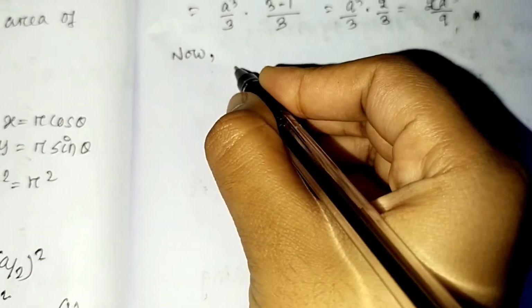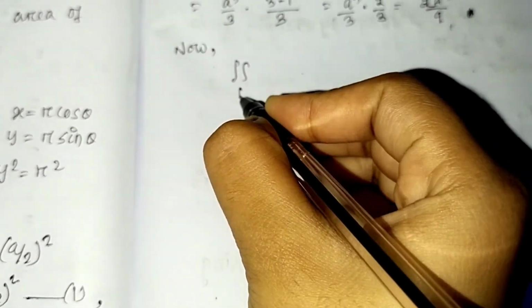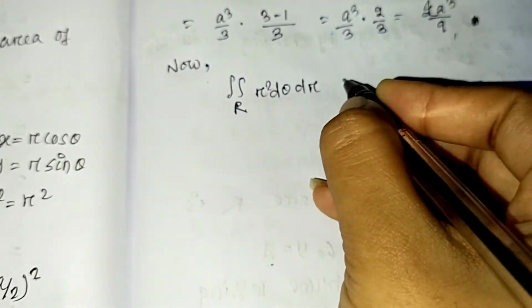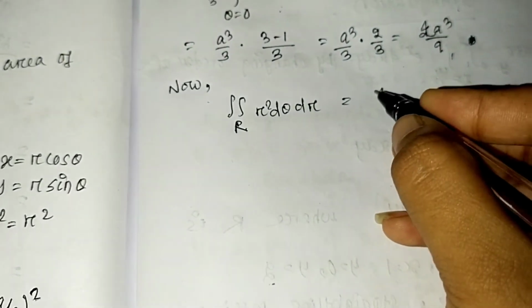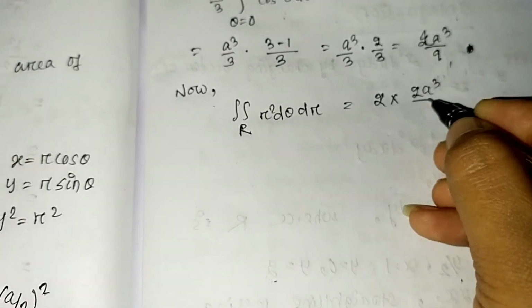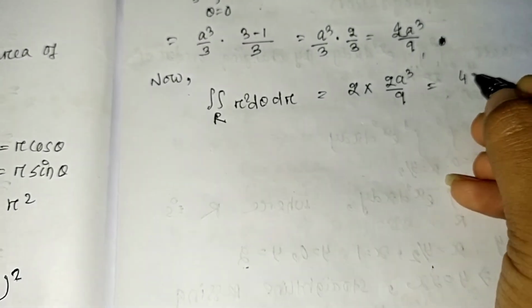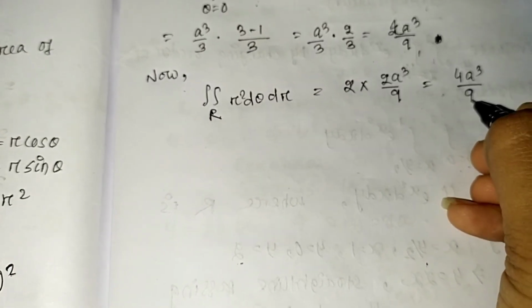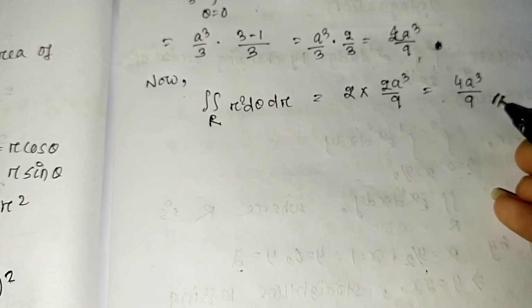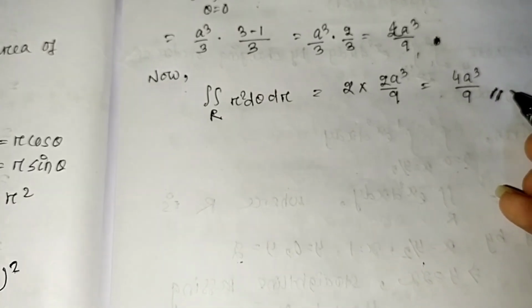So now the double integration of r square d theta dr is equal to 2 into 2a cube by 9, that is 4a cube divided by 9. So this is our result, 4a cube divided by 9.